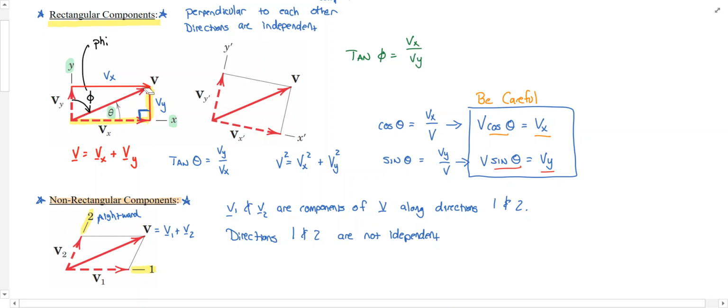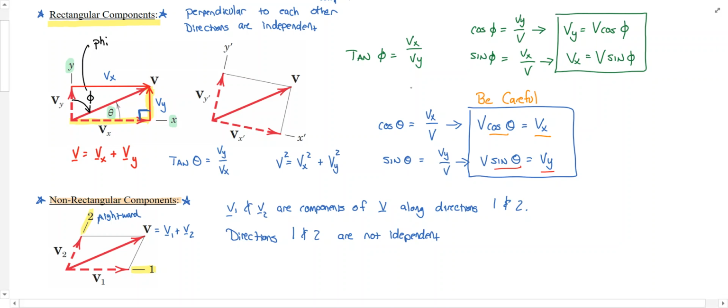We still have the same diagonal, so it's Vx squared plus Vy squared. But now if we were to look at the cosine of phi, well, that is adjacent Vy divided by hypotenuse V. So now Vy is V cosine phi. And if we were to do the sine of phi, that is the opposite, in this case Vx, by the hypotenuse V. And so Vx would be V sine phi.